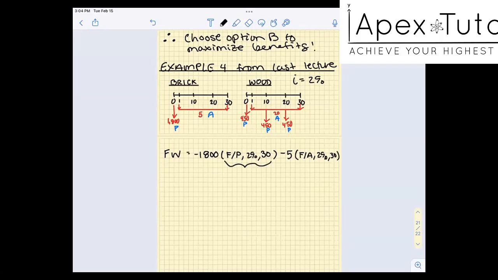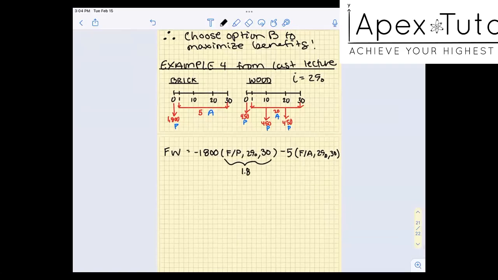What do you get when you look up F given P, 2%, 30? $1.811. Perfect.